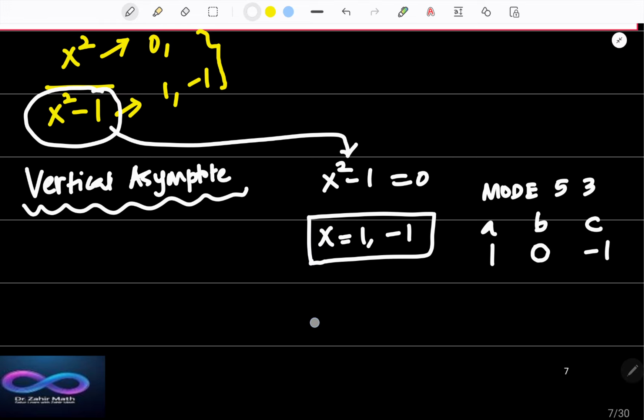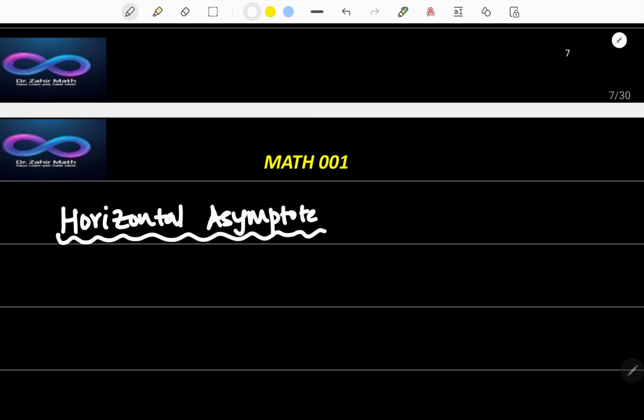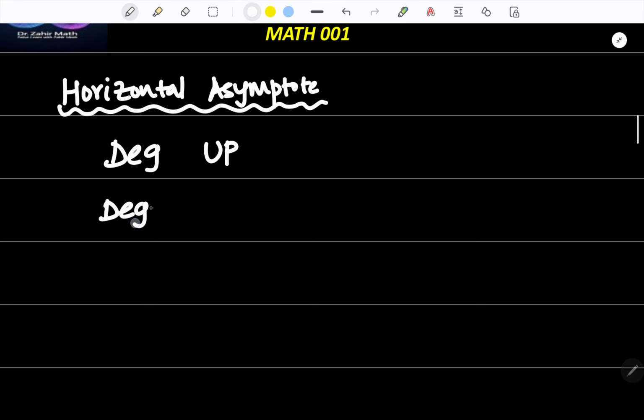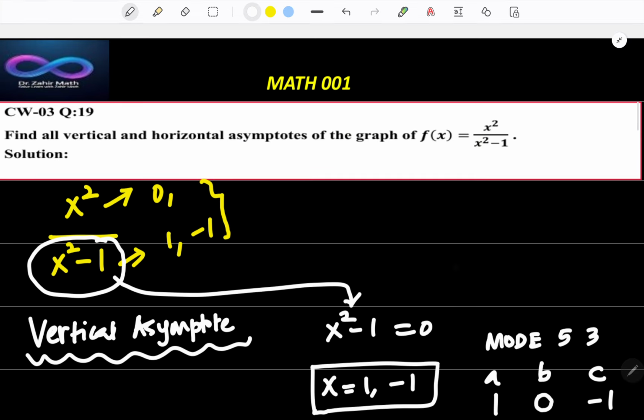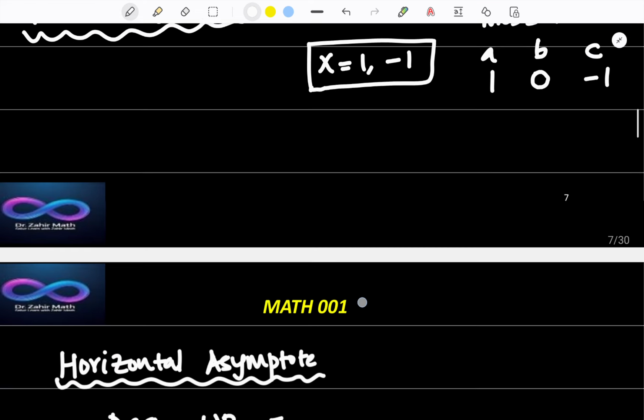Clear everybody? Right. Vertical asymptote finished. Now we are going for the horizontal asymptote. Sorry, again and again I'm making a mistake. So for the horizontal asymptote, what is the rule? You need to see the degree in the up, the numerator, and the degree in the denominator, which is down. What is the degree in the numerator? x power 2. So it is 2. What is the denominator? 2.